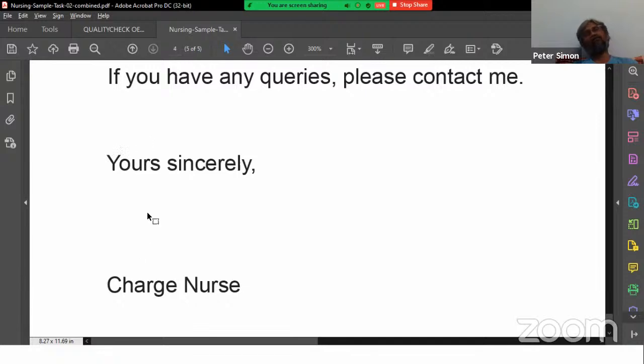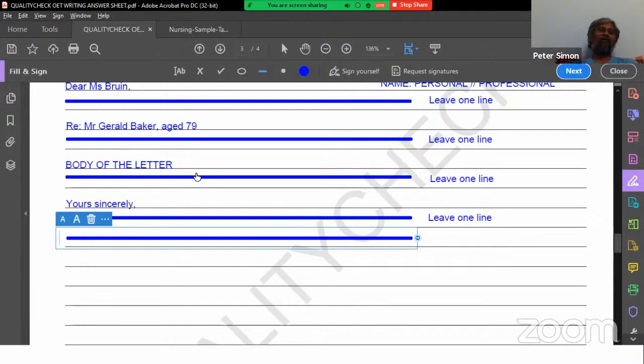If you can realize this, Yours sincerely, 1 line, 2nd line, and then charge nurse. Why? That is what OET has given. You know why? Maybe you don't know. Maybe you know, but you did not bother about that. So normally you leave 1 line, then afterwards you put a signature there. You have to leave 1 line for signature. So leave 1 line there. And then you write. If the name is given, write the name.